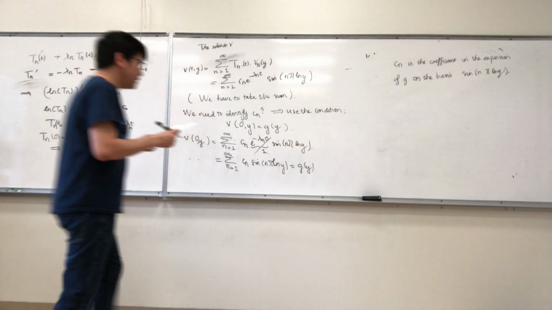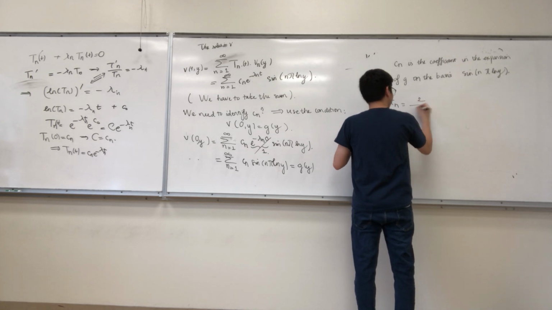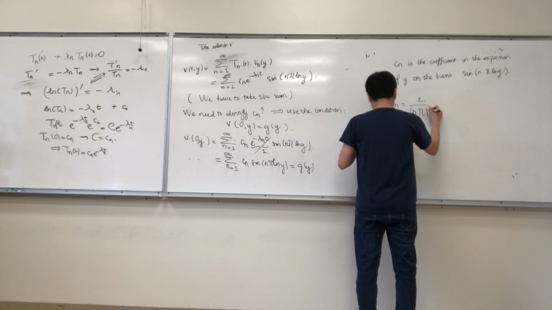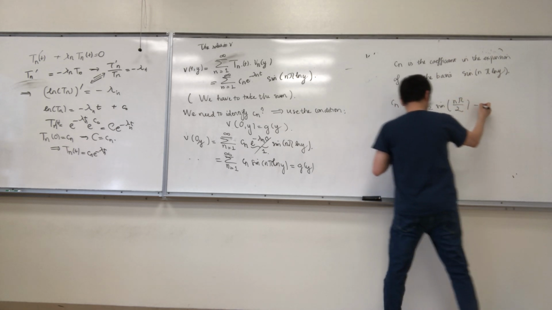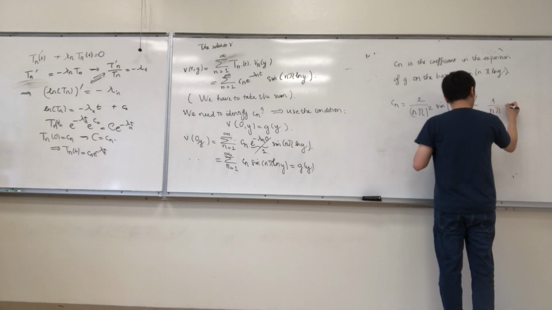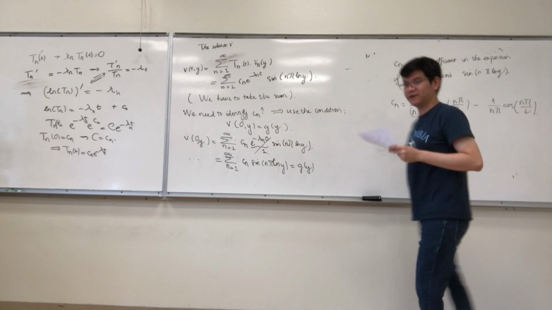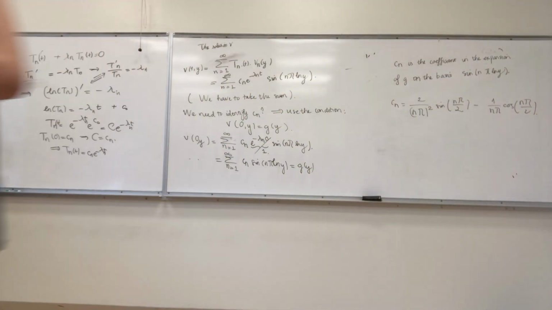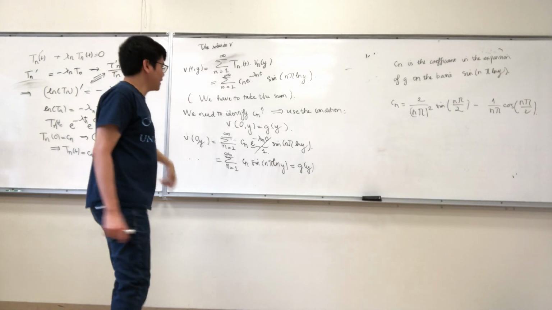All right, so Cn is 2 over (n pi) squared, times sine of n pi over 2 minus 1 over n pi cosine of n pi over 2. Right, so you remember this coefficient, right? So I explain again.